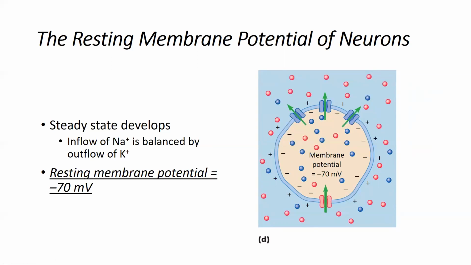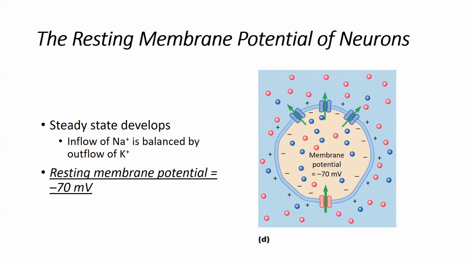And just to reiterate here, steady state is where the movement of sodium and the movement of potassium cancel each other out, balance each other out, okay? And that is because sodium is rushing in through this one door, it's less permeable, and potassium is sort of trickling out through these many channels or these many doors, okay?